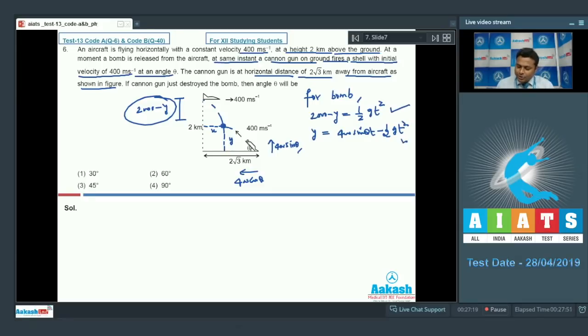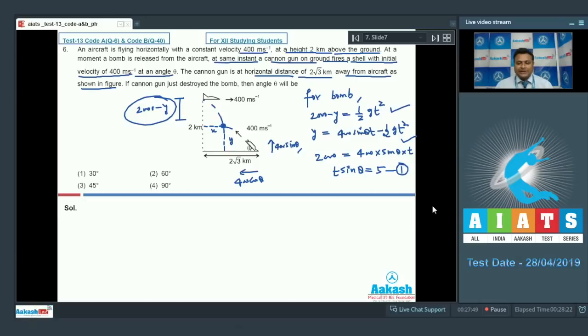Now adding these two equations, y will be cancelled out, then 2000 will be 400 into sin theta into t, or we get t sin theta equals 5. Let us take it as equation number 1.